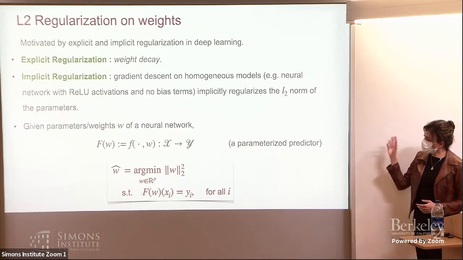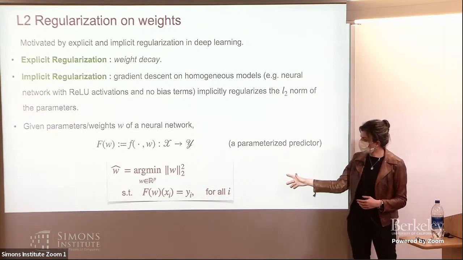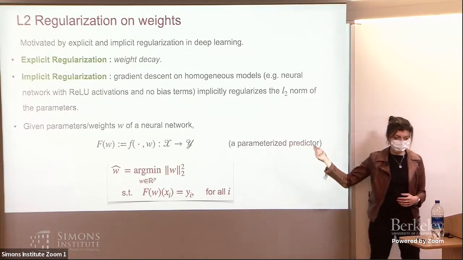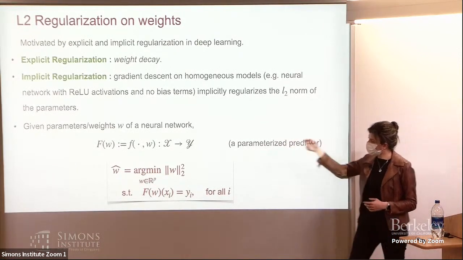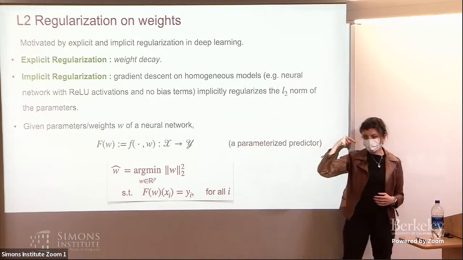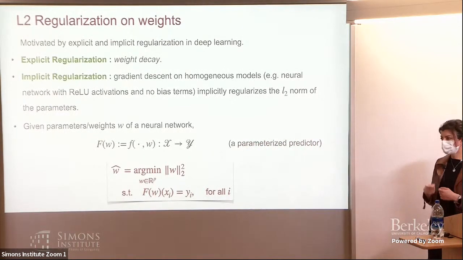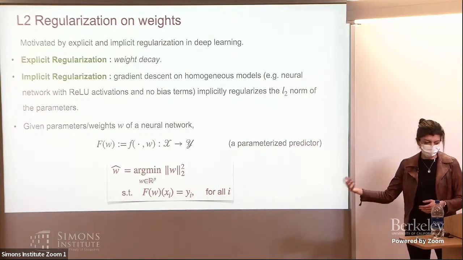And motivated by both of these, we're gonna look into these minimum norm interpolators, such that if my function is a parametric function. So I just want to emphasize on the notation here a little bit. This f of x and w was the parametric function from input x and parameters w to output y.